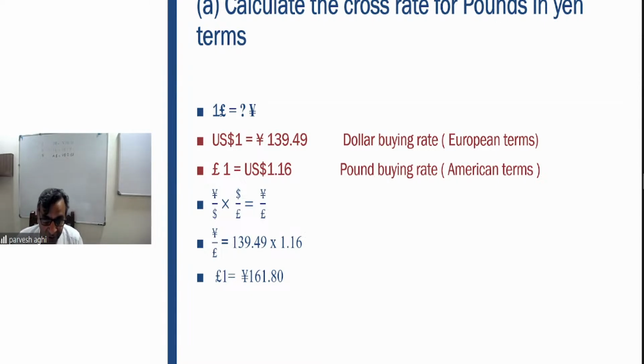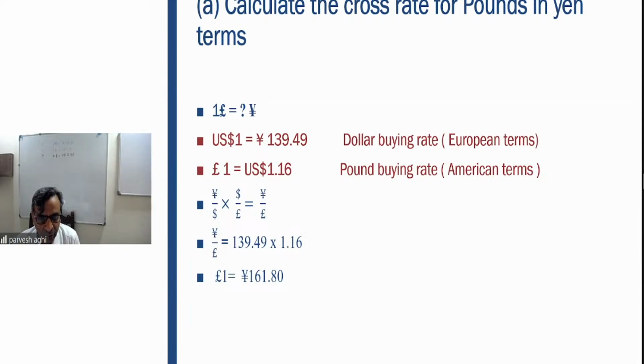Of course, now it's digitally done, so you can buy your pounds in Japan itself rather than buying a dollar and then converting your dollars into pounds in America.